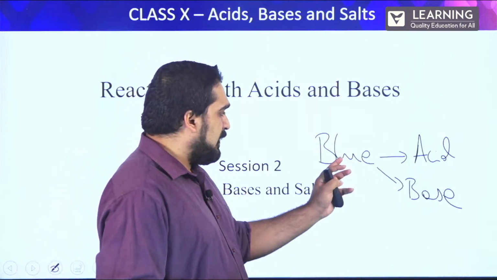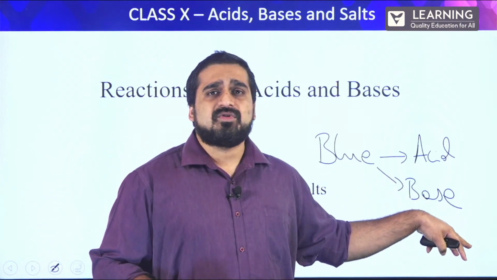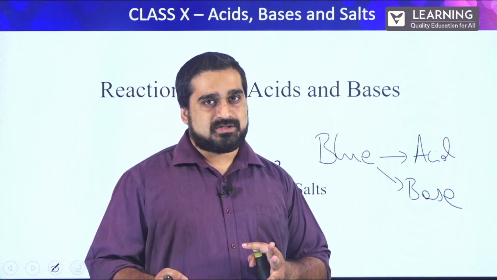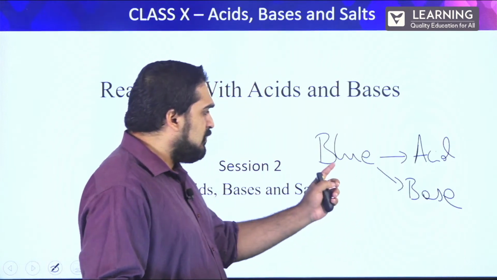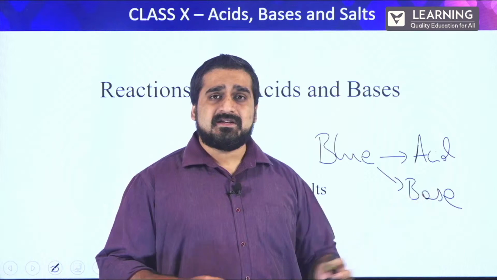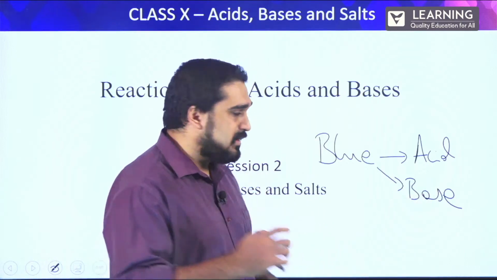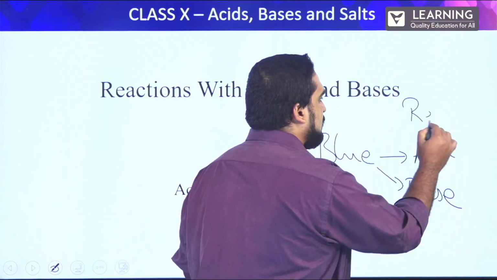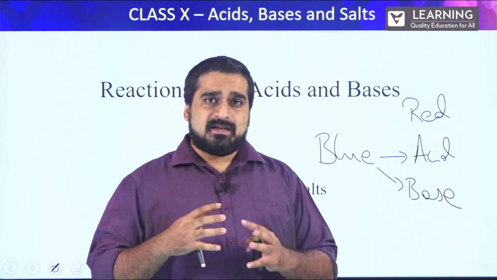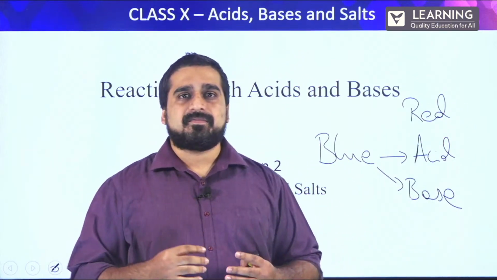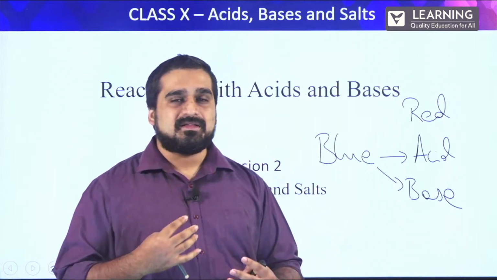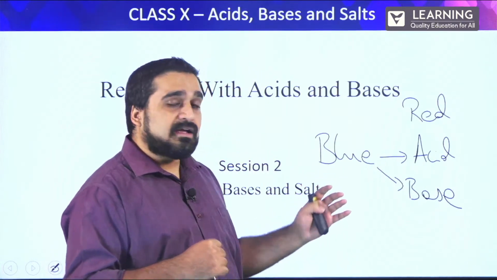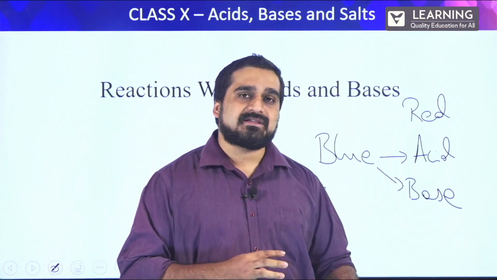Very good. When a blue litmus paper is dipped into a base, you don't notice a color change. But when a blue litmus paper is dipped into an acid, it changes to red. This is a visual method of determining whether a given substance is an acid or a base.